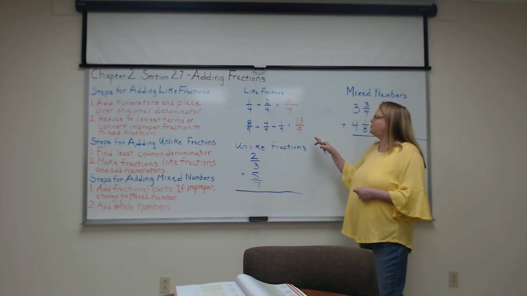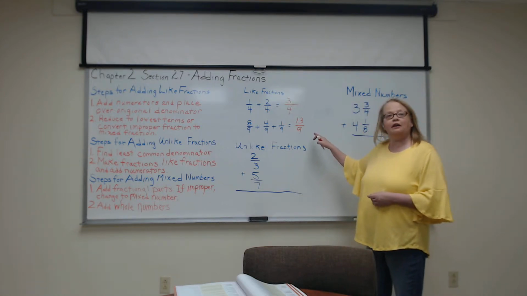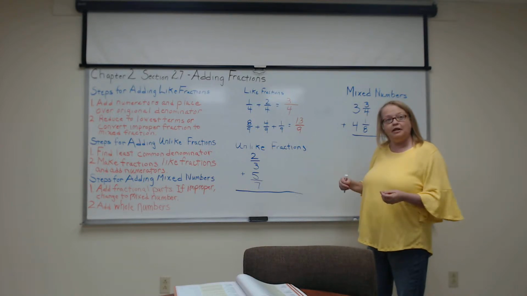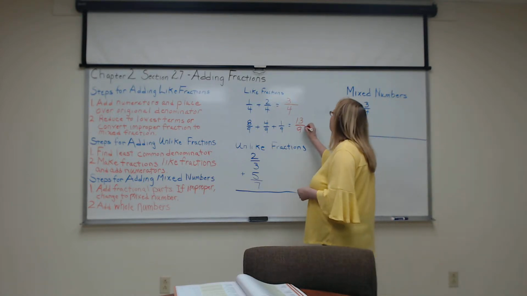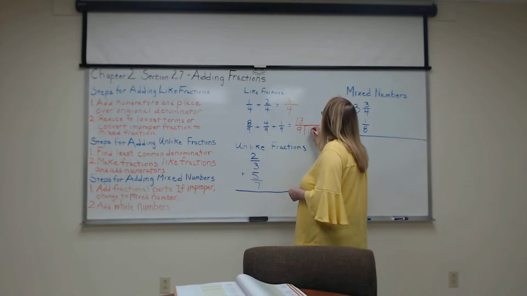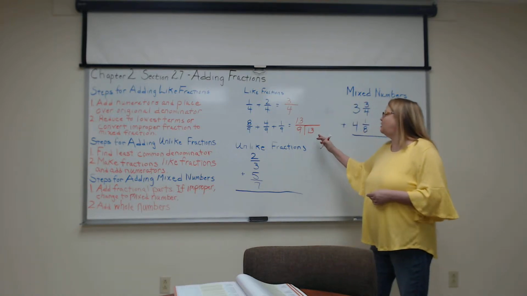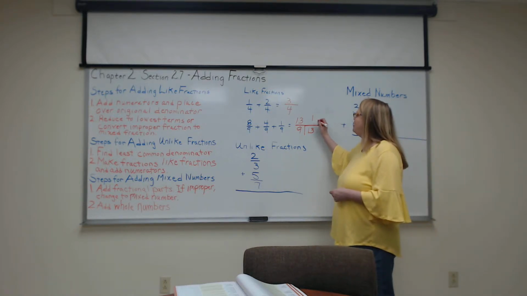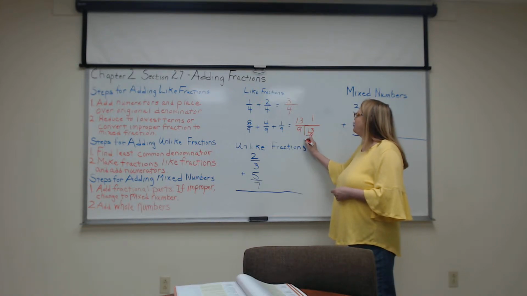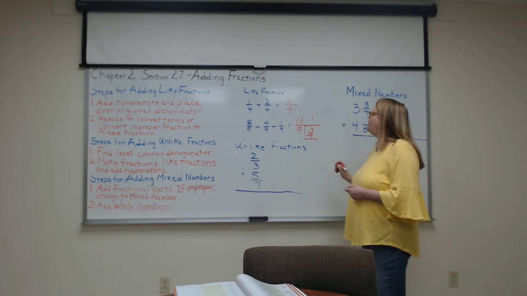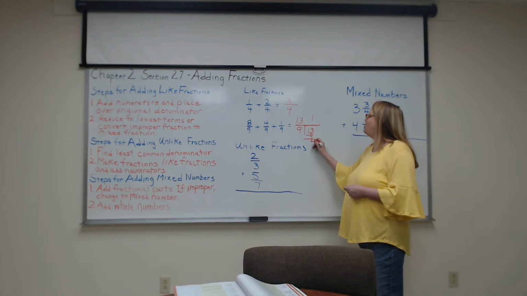However, as you look at this, you realize, oh, okay, we have an improper fraction. So what we need to do is change this to a mixed number. So we know that 9 goes into 13 one time. We're going to subtract 9 from there, and our answer is 4.